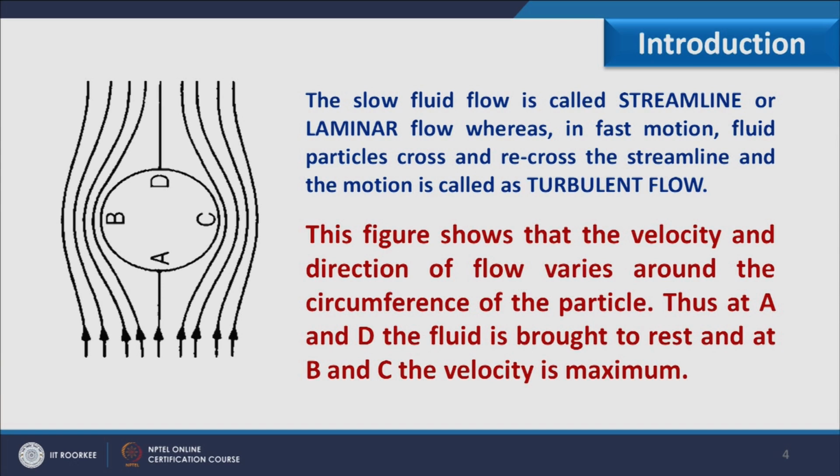So, A and D are the points where the fluid remains in a still position, and at B and C it will have the maximum velocity. You can understand that as the fluid moves over the particle, it will not have uniform velocity throughout the particle surface.